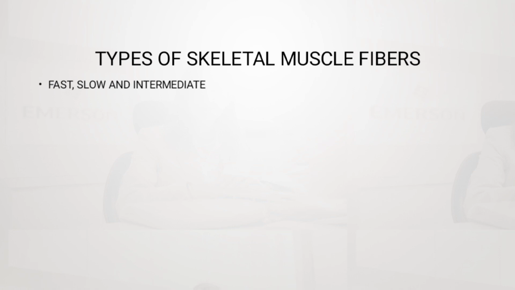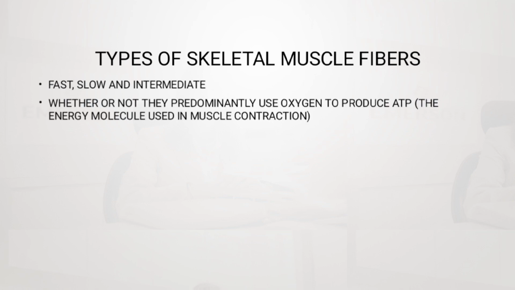Then the types of skeletal muscle fibers are fast, slow, and intermediate, depending on whether they predominantly use oxygen to produce ATP, the energy molecule used in muscle contraction.